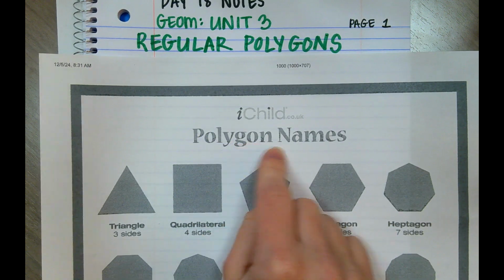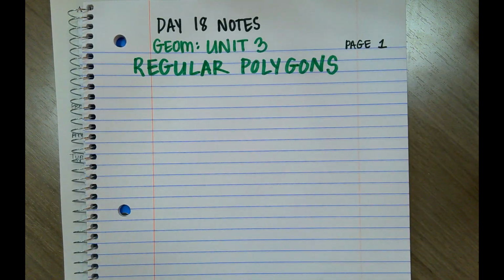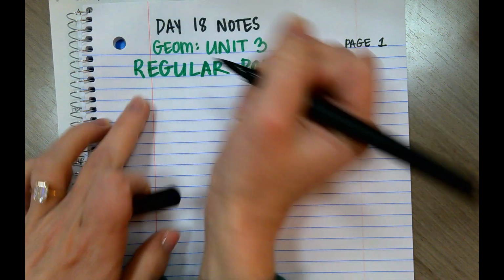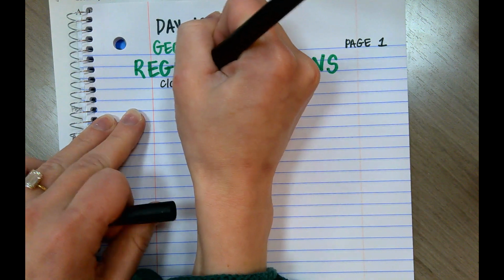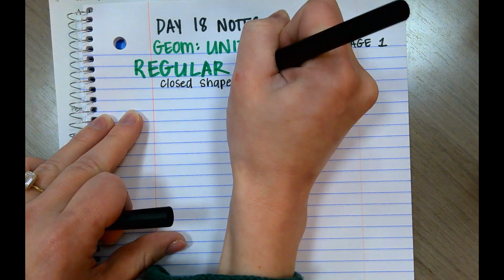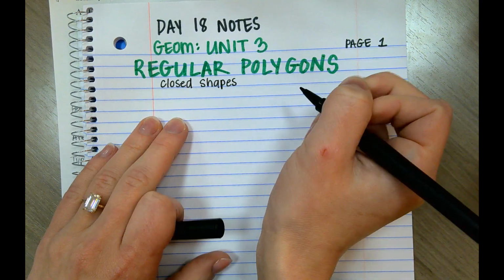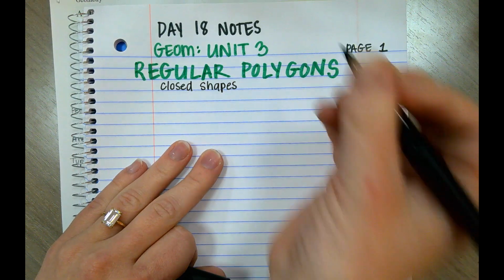For a polygon to be a regular polygon, here's our definition. Regular polygons are closed shapes that have all sides the same length and all angles the same measure.